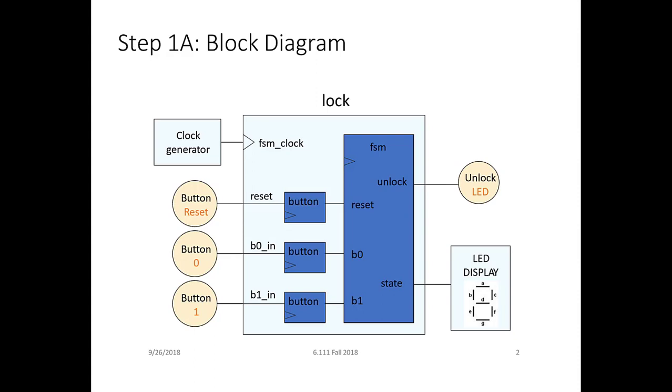This is for if you want to implement this in a lab. So this is our FSM, and then we have several other things at the output, for example the 7-segment display, and then we have these buttons and these modules. I will talk about this in the coming slide. These are called synchronizers. This is the clock generator, which is coming from a crystal oscillator.